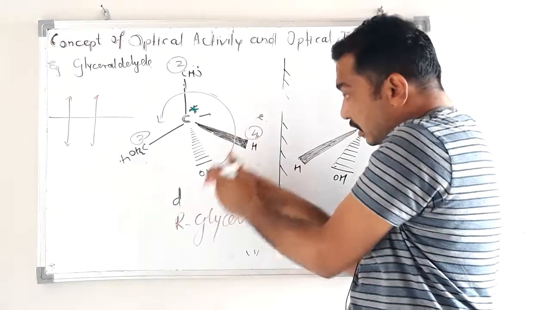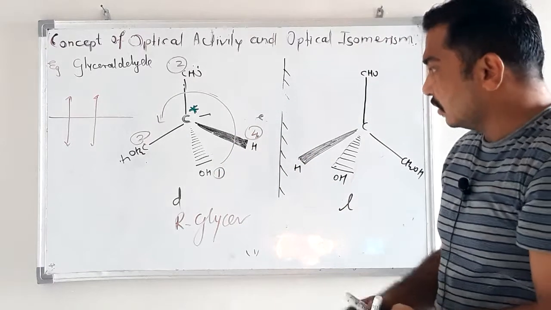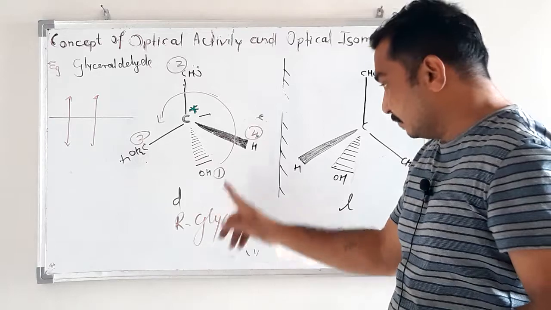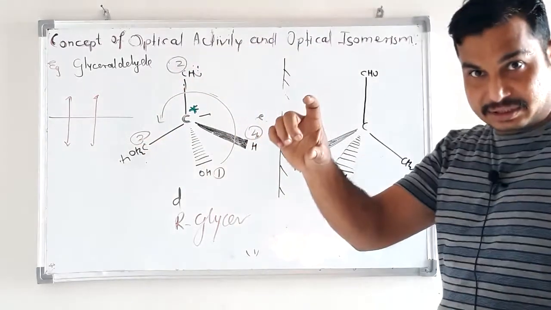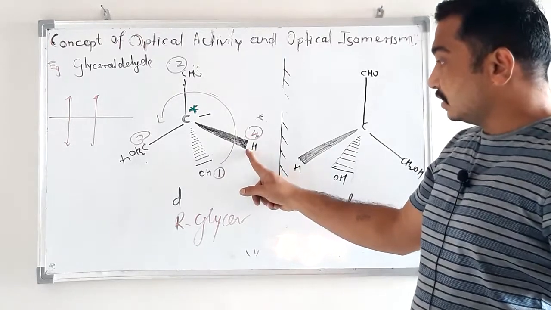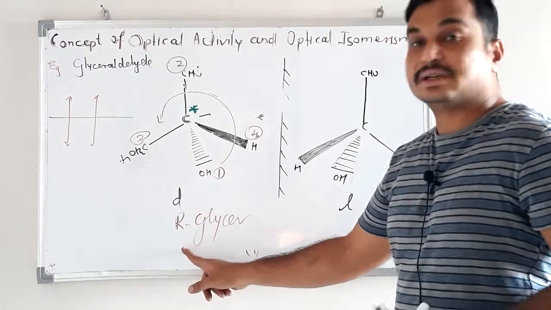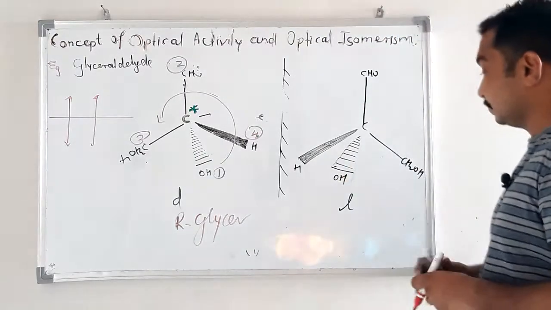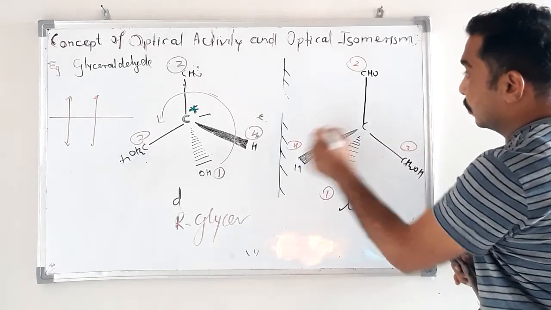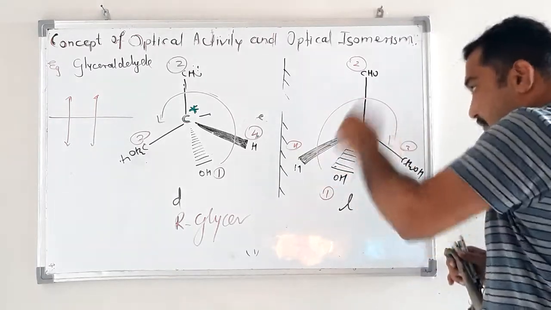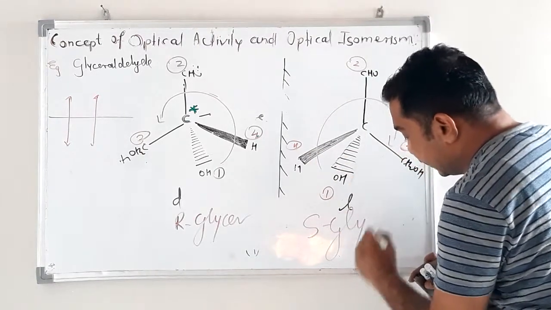In this method we want the lowest priority group on the back side, or then simply we can change the sign. 1, 2, 3 anticlockwise rotation means S configuration, but it is on the front side, therefore S changes to R. So finally its configuration is R. Come to this one, 1, 2, 3, clockwise direction, but this is on the front side, therefore S glyceraldehyde.